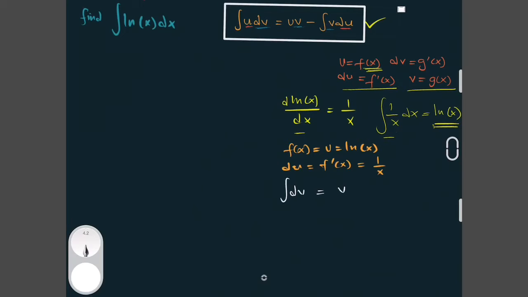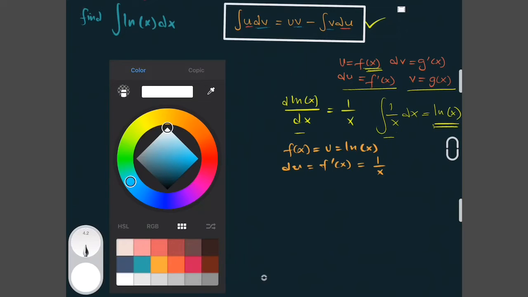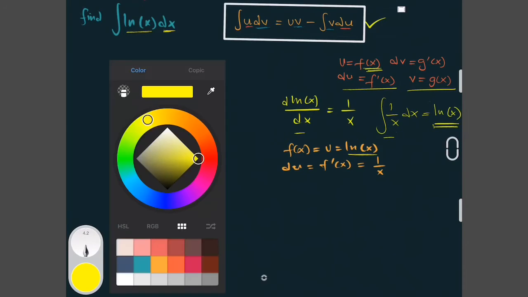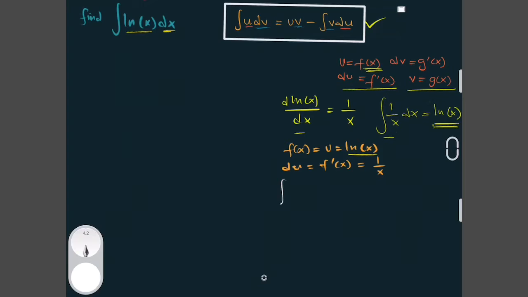We have dx. dx is the dv in our equation. So we dealt with the ln of x. This is the ln of x. We have it here, which is the u. We are left with dv. So if we take the integral of dx, we would get x.